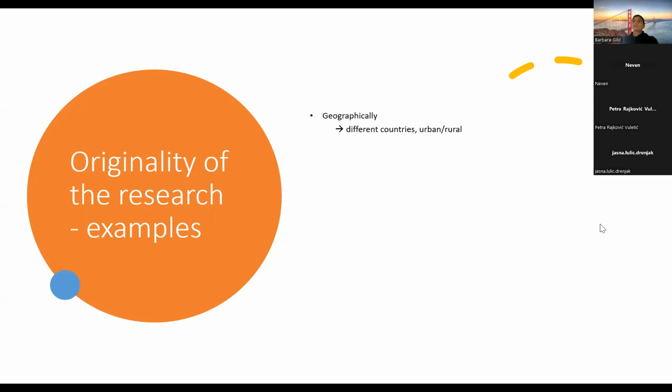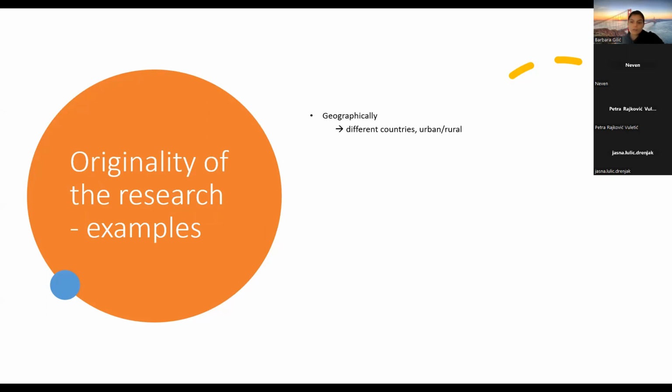So you can, for example, make it original by using geographically different areas. For example, you can study your topic in different countries, in different living environments, such as urban and rural.